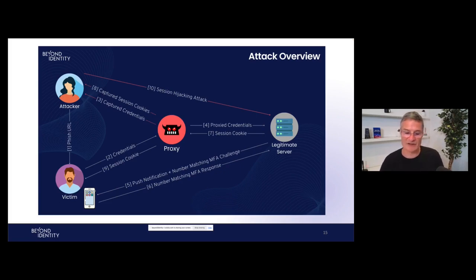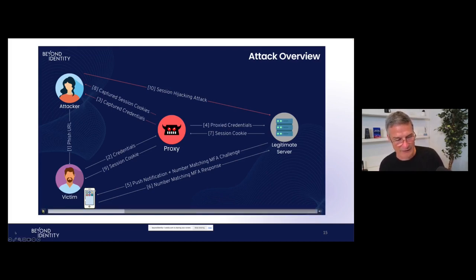In this case, it's a number match. And then they provide the response to the legitimate server, and since that traffic is being routed through the proxy, we can grab the session cookies and reuse those and do a session hijack. So let me show you how that looks.